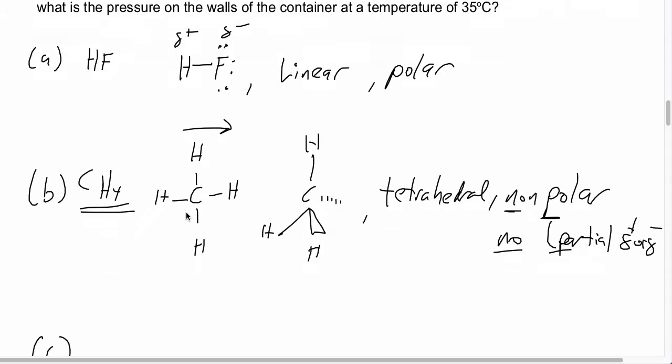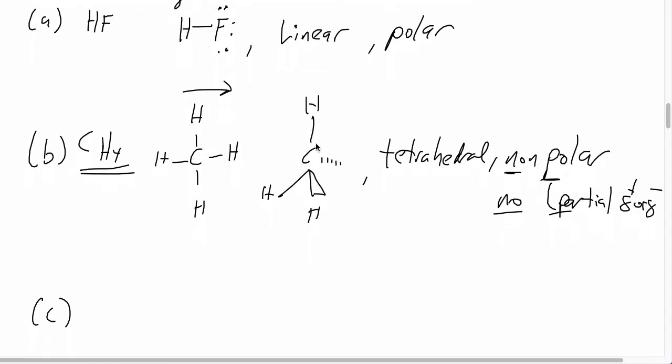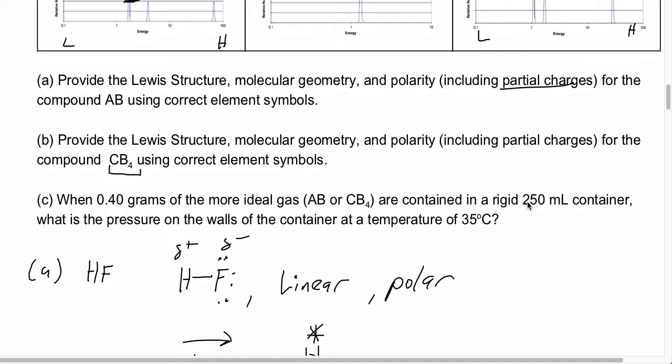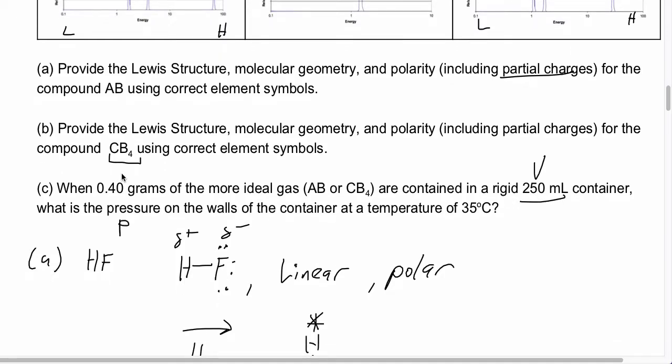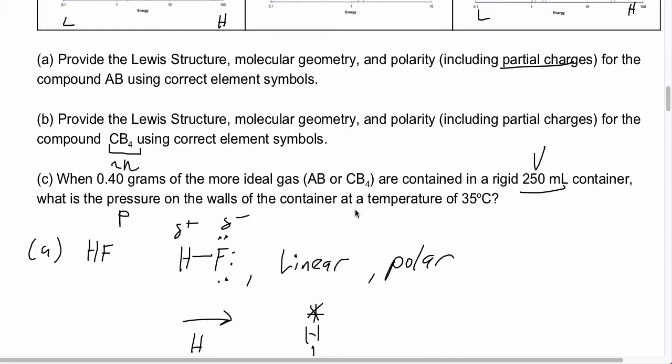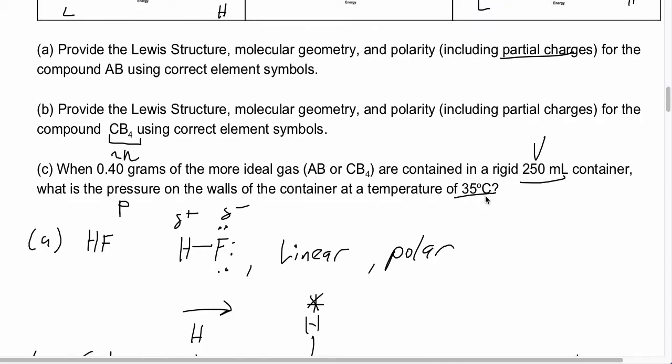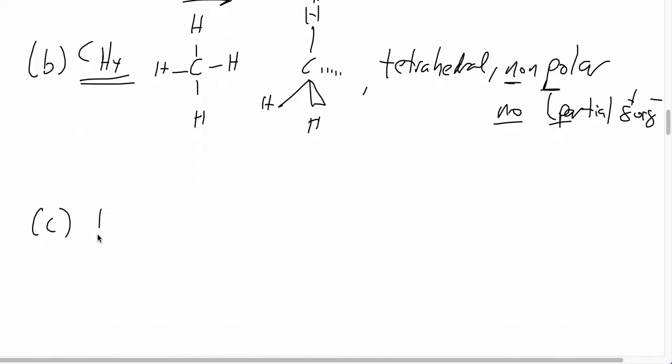In this case also, that very nonpolar CH bond really is something that we should draw our attention towards. Okay, so you see here that they give us a volume. They're asking for pressure. This ultimately can be turned into moles, and there's temperature. So they want the pressure, so we're going to use PV equals nRT.